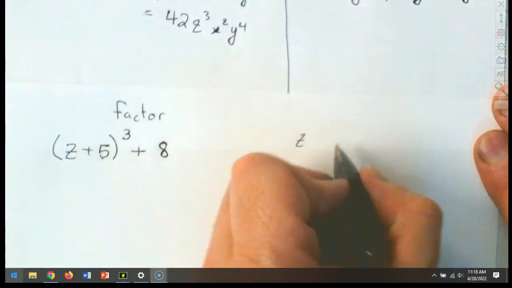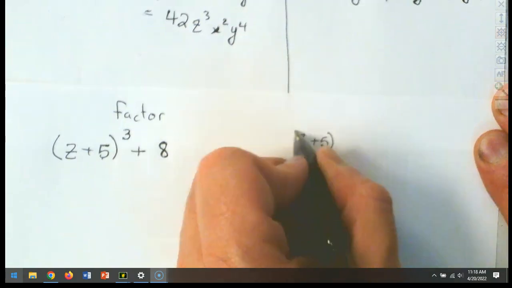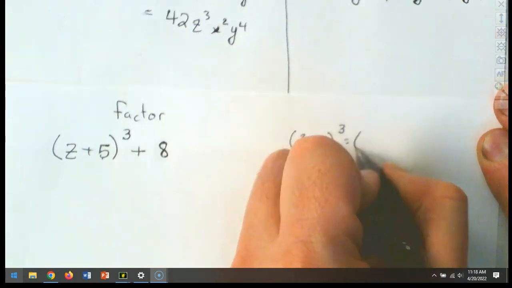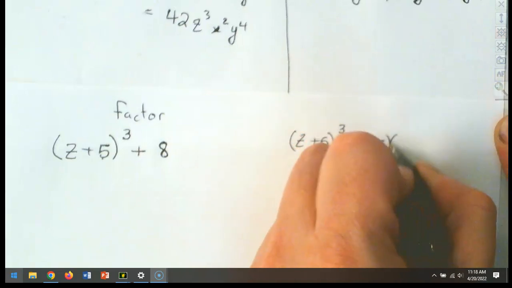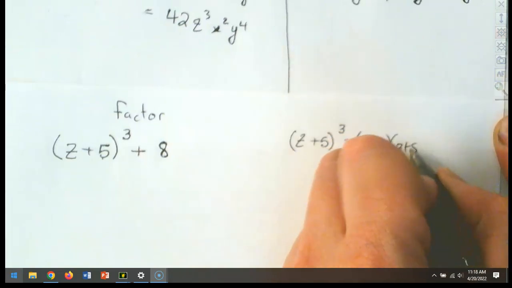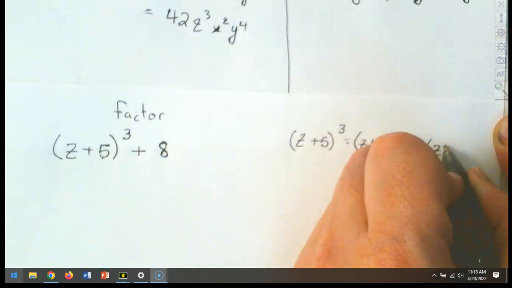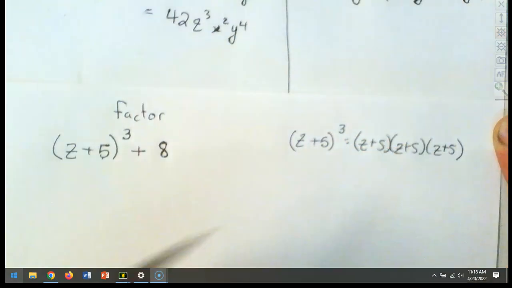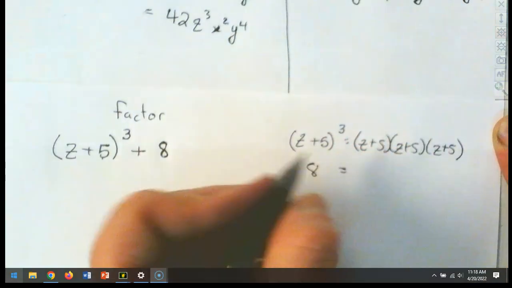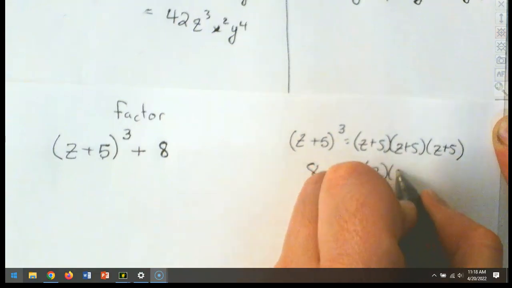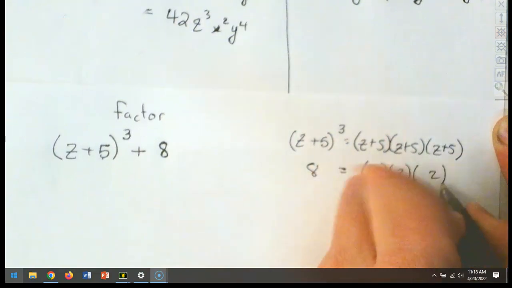We've got z plus 5, quantity cubed. That's z plus 5, z plus 5, z plus 5, so there's 3 of those. And 8, well, 8's a perfect cube of 2, 2, and 2.